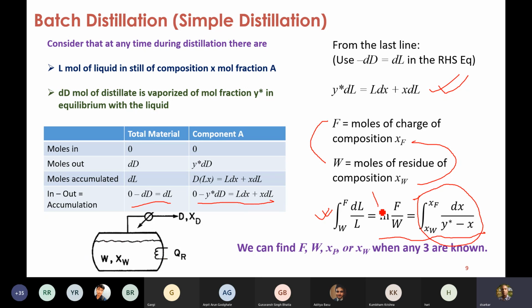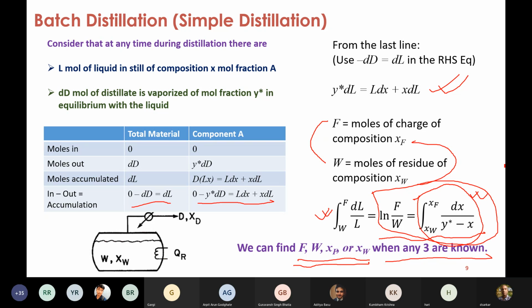Now, if you look at this equation, which is known as Rayleigh's equation, you can find out any one of F, W, XF, XW when the other three are known, because these four are related by this Rayleigh's equation.